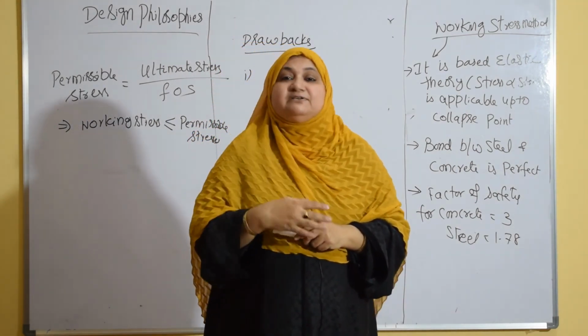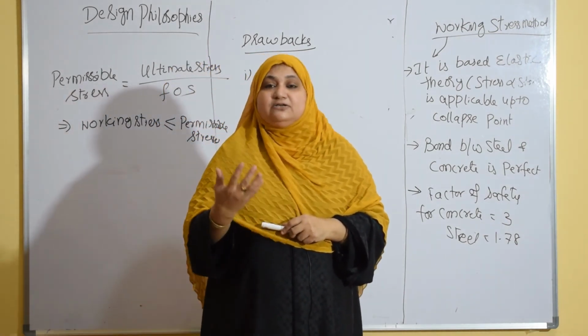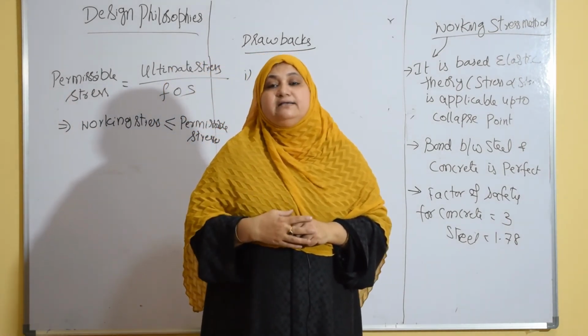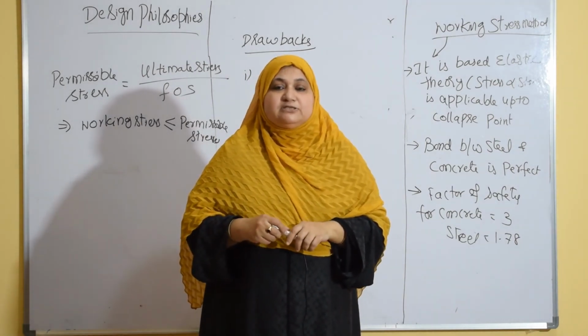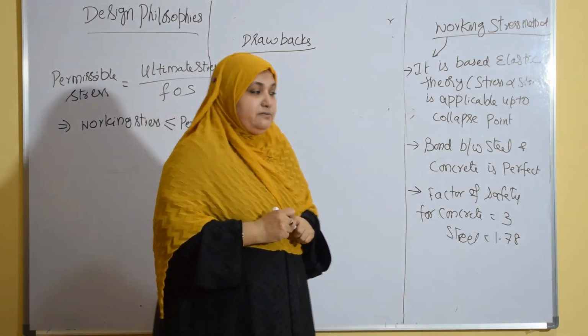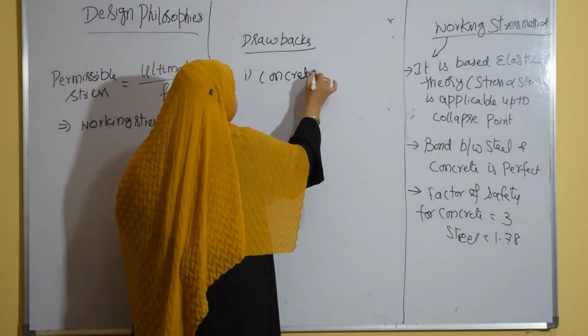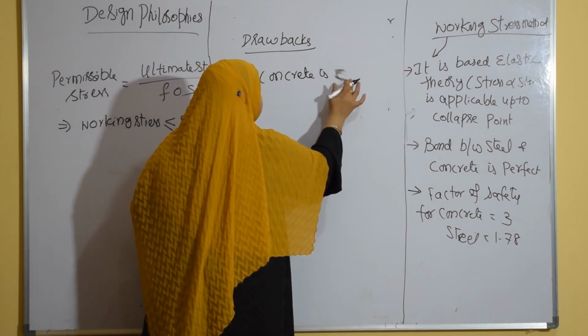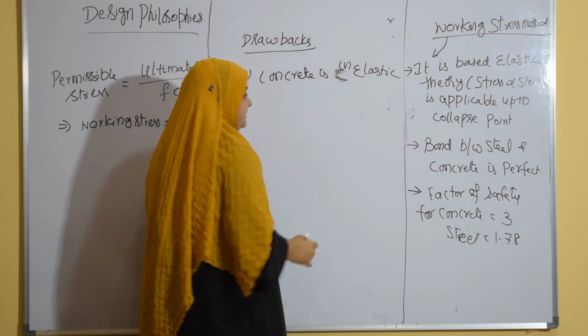Steel can be elastic to a certain extent, but concrete is a completely brittle material. So the first assumption is very wrong. Concrete is inelastic. So this was the first drawback.